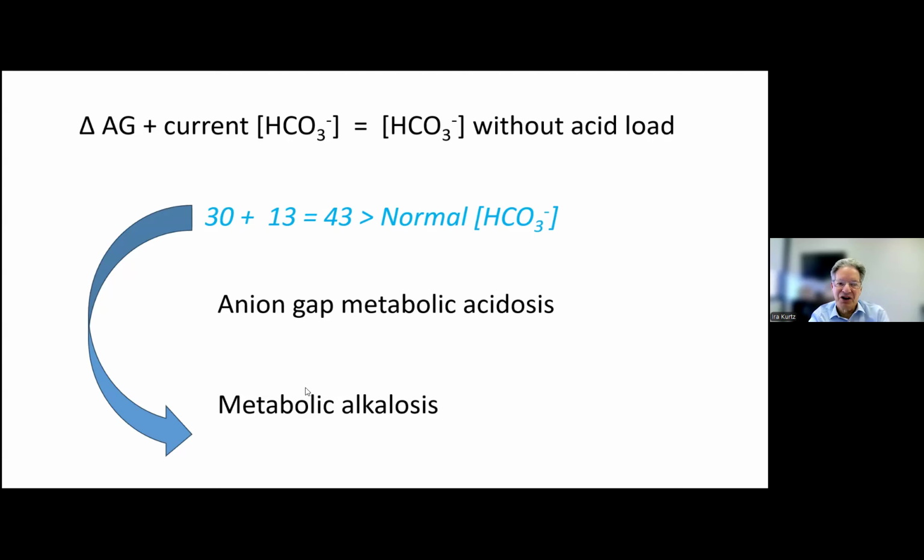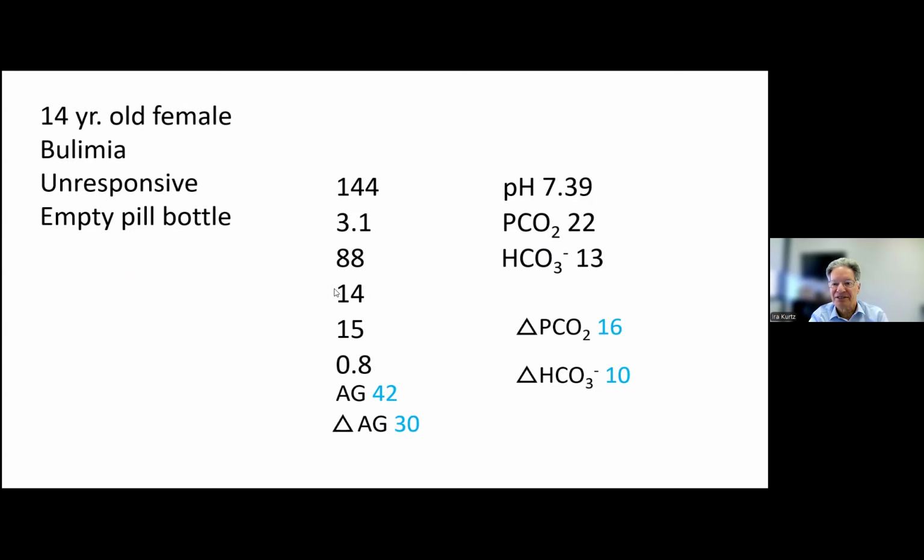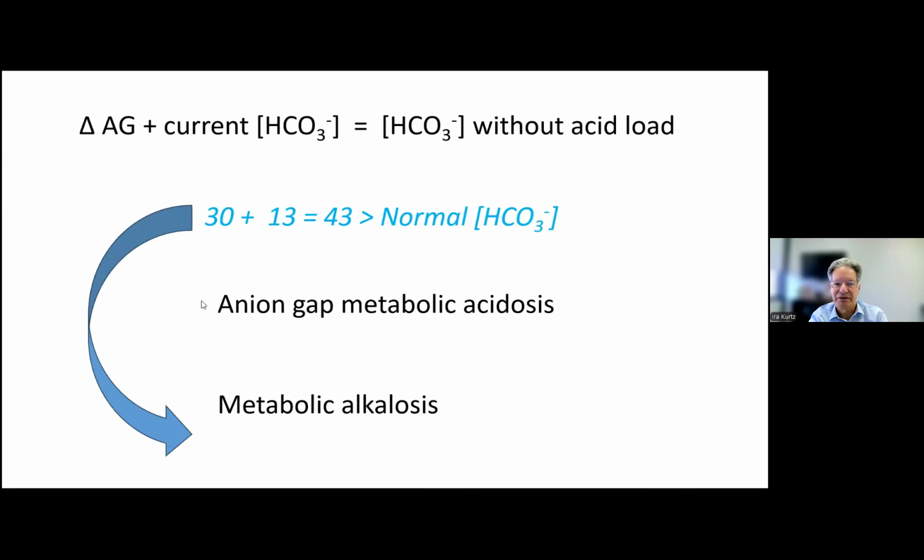So the most likely cause is metabolic alkalosis given the clinical scenario with the anion gap metabolic acidosis. But is that the only thing going on here? So that would account for the anion gap analysis with the bicarbonate. But what about the PCO2 versus the change in bicarbonate? We can't ignore that.